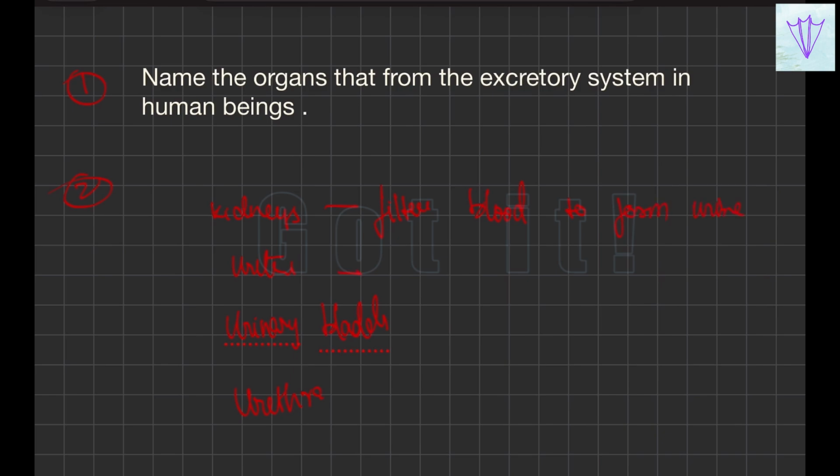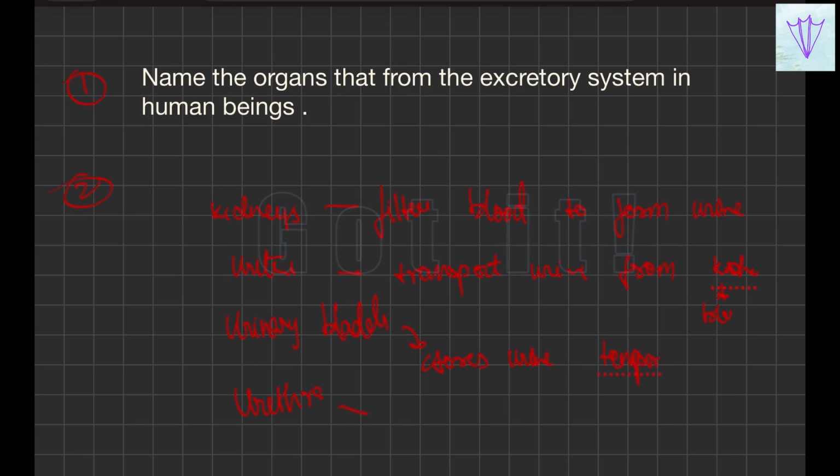Ureter is used to transport urine from where to where? From kidney to bladder. And the urinary bladder is the one which stores urine temporarily. And what is the function of the urethra?